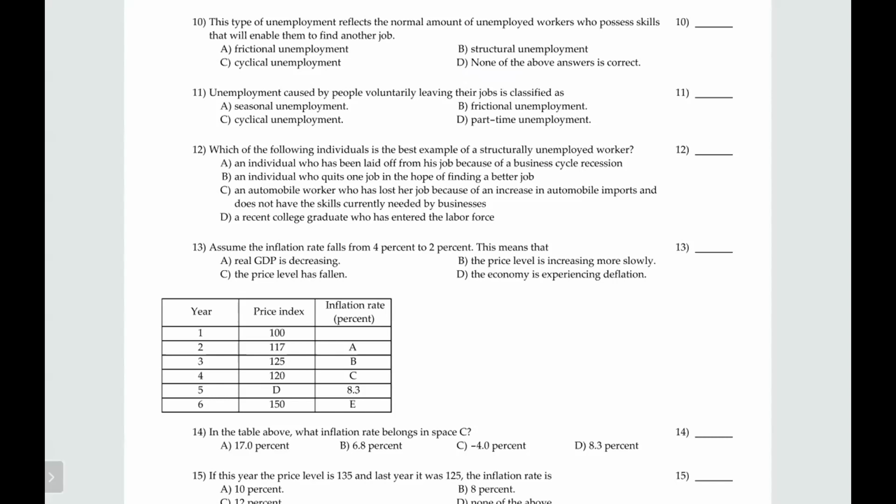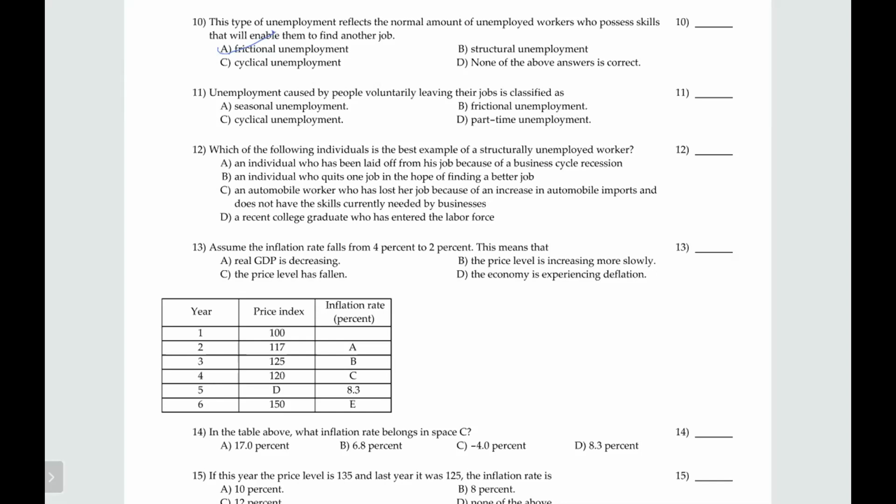This type is called frictional. You had a skill, it just takes time for you to find a job. However, if someone lost a job because they don't have the skill, that's usually called structural unemployment.